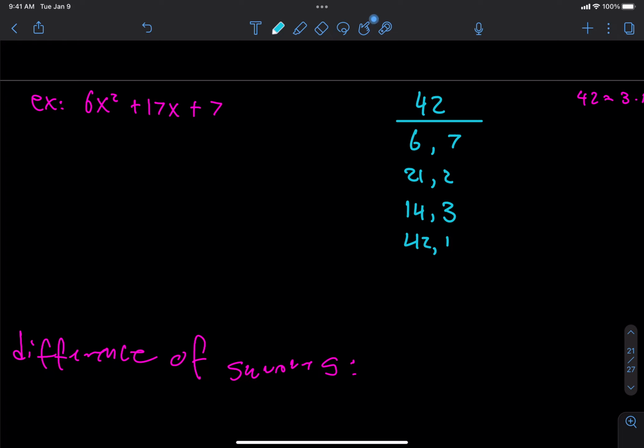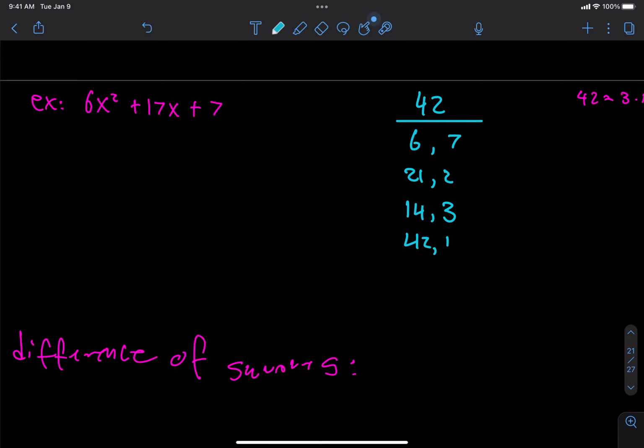I think so. It's 2 times 3 times 7 is the prime factorization. Okay. Yeah. All right, so we need to find what? What's my next step? I need to find the pair that adds up to 17, which is 14 and 3, right?